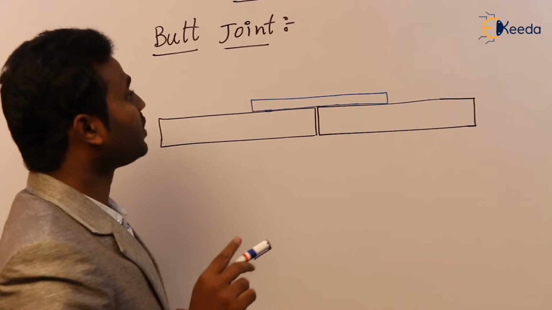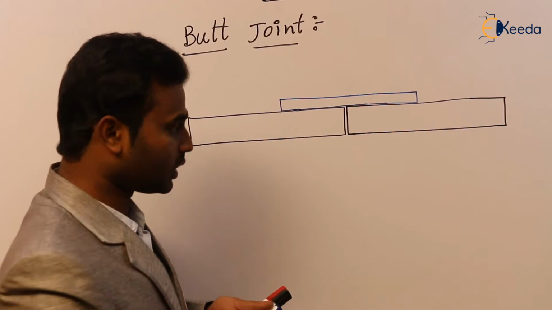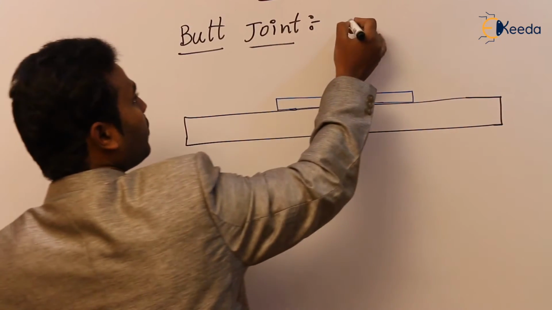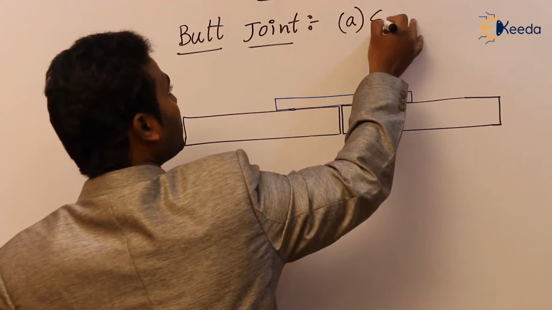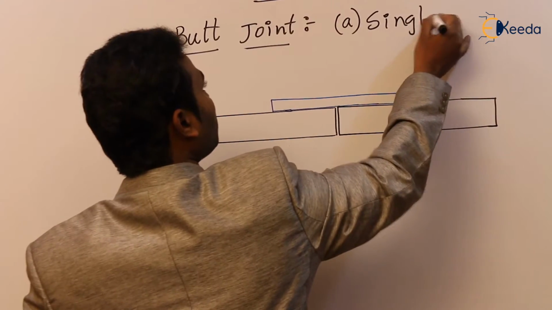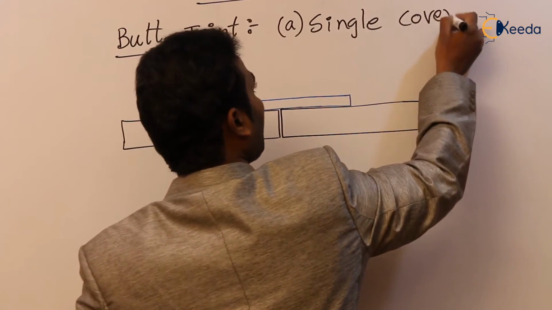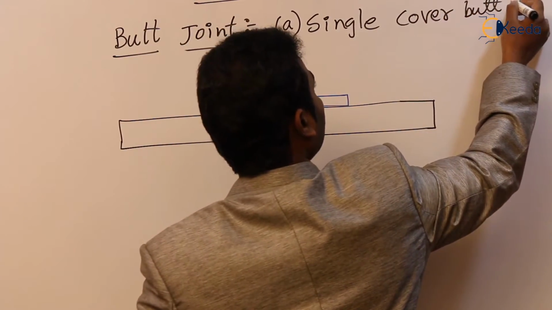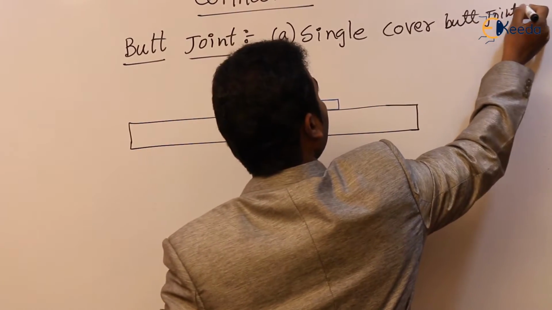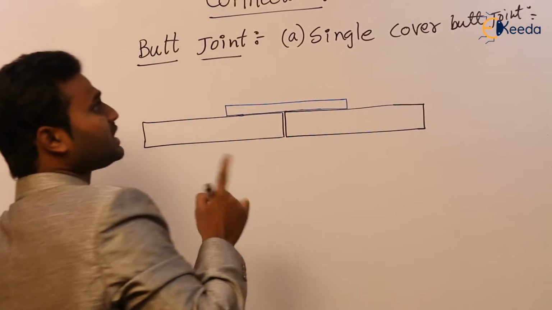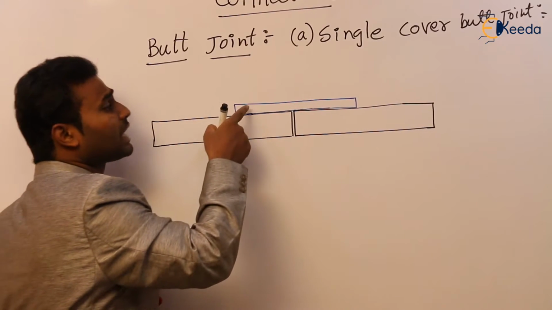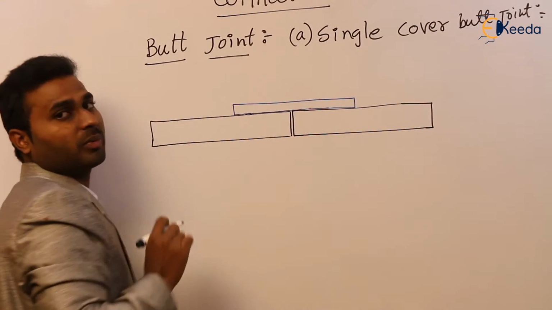Here in butt joint we have two types. What are the two types? First is single cover butt joint, which we will discuss first. After that, double cover butt joint. The name itself suggests single cover: it means we use only one cover plate, so it is known as single cover butt joint.